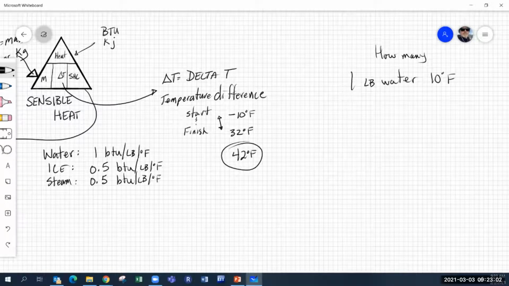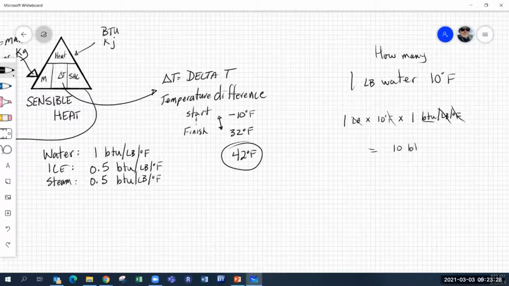So if we use the sensible heat equation, the mass is 1 pound multiplied by a delta T of 10 degrees Fahrenheit multiplied by the specific heat capacity of water, which is 1 BTU per pound per degree Fahrenheit. And as we go through this, look, the pounds get canceled out, the Fahrenheit gets canceled out, and I'm left with BTUs, and that is 10 BTUs. Very good.